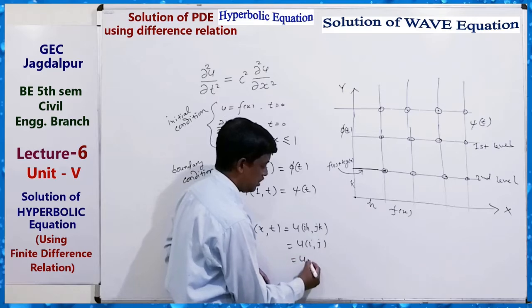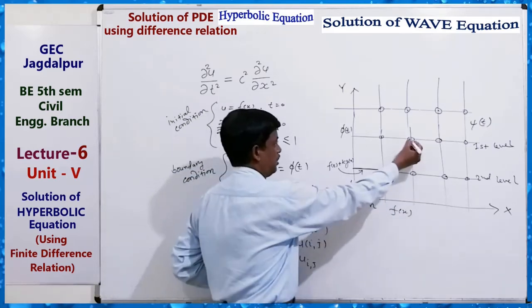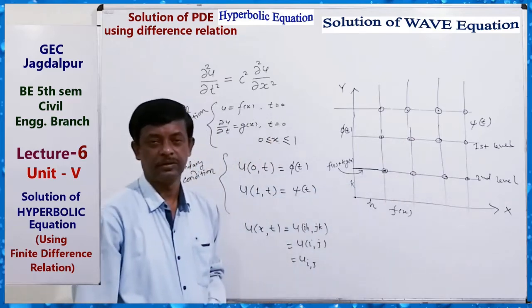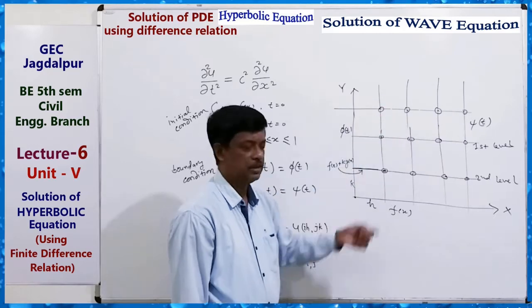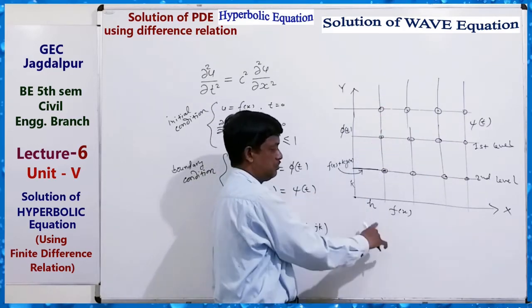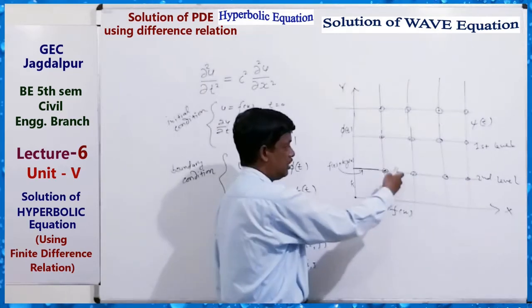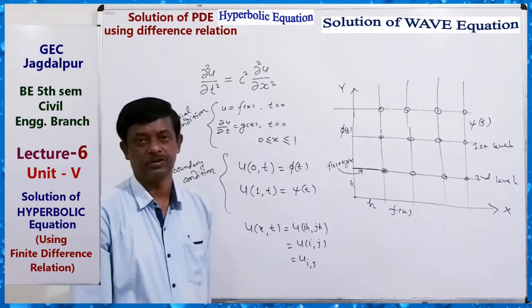That is, we write i and j for a point. And the same for the second level, third level, first level. That is, if here j, then j plus 1, j minus 1; i, then i minus 1, i plus 1. These are the notation.